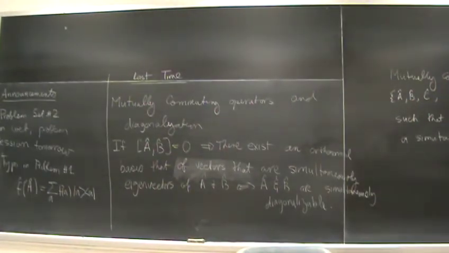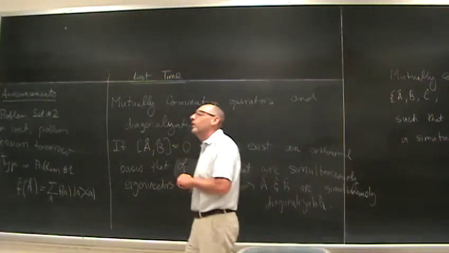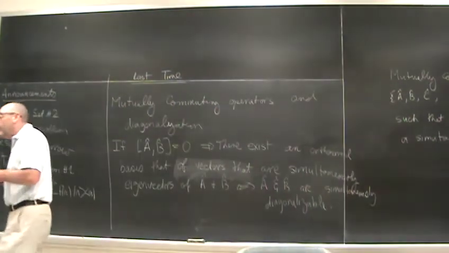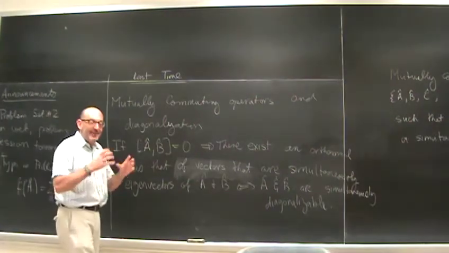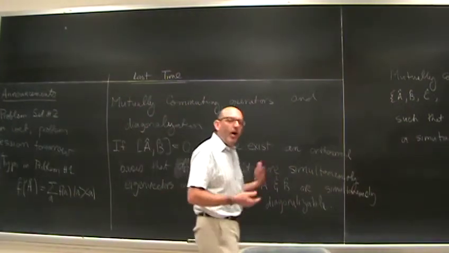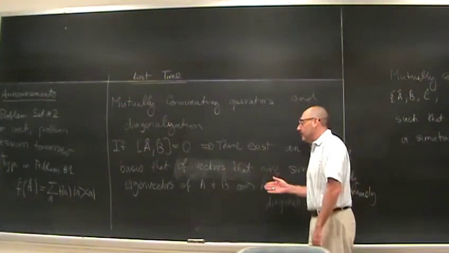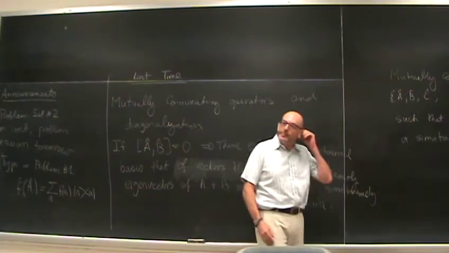They'll be block diagonal, with blocks associated with the degenerate eigenvalues, but then we can always rediagonalize within those blocks, and therefore there always exists a common basis of eigenvectors for commuting operators.